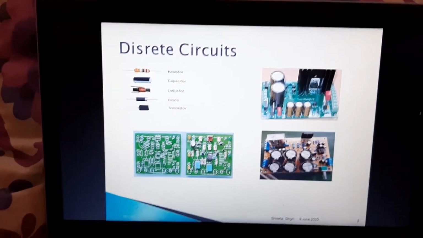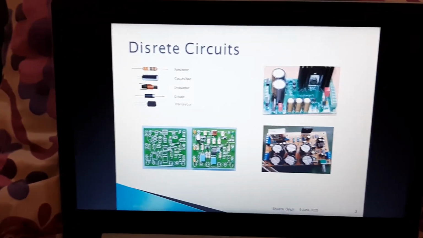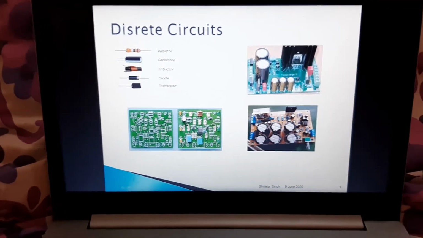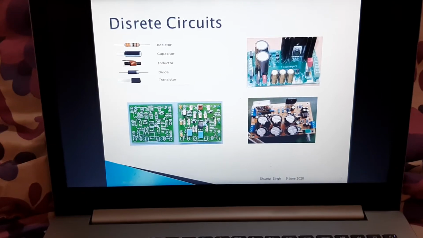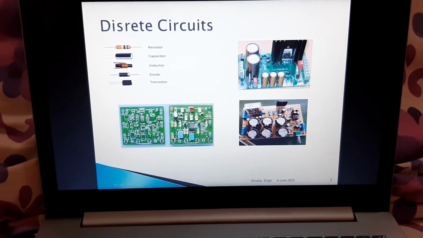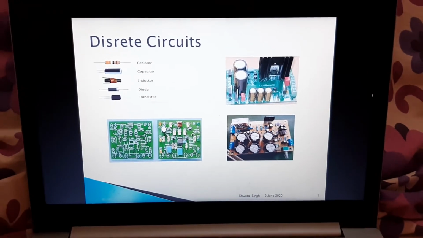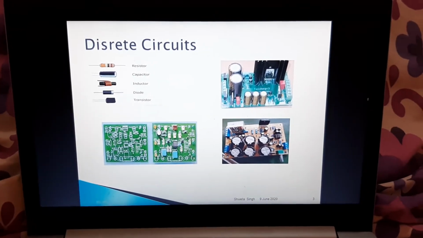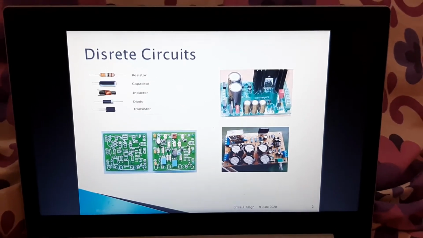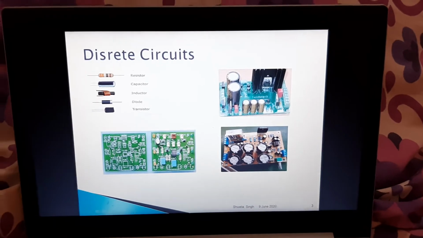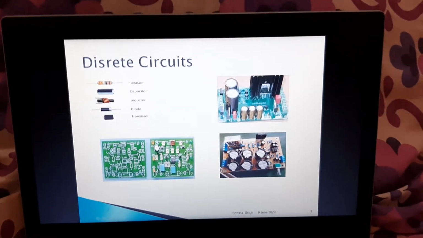Okay? Diodes, BJTs, transistors are commonly used components in discrete circuits. A discrete circuit is called discrete because discrete components are used. All these discrete components are interconnected to make a discrete circuit.